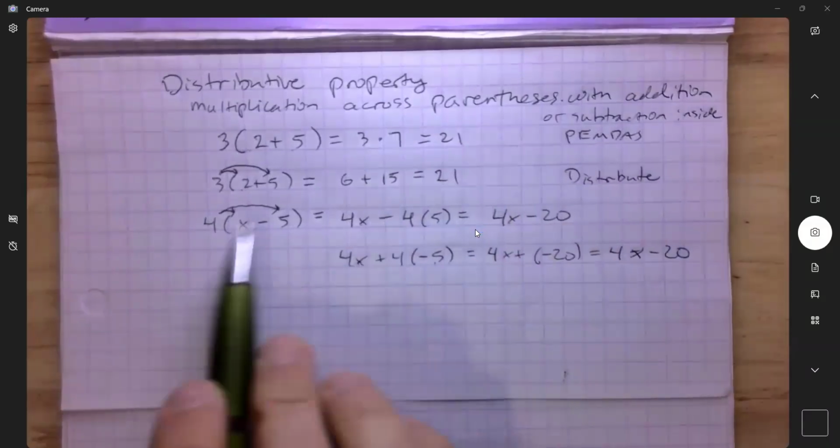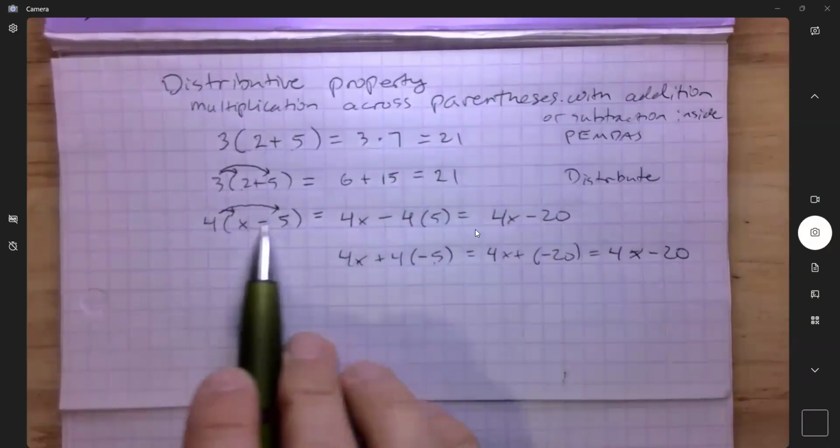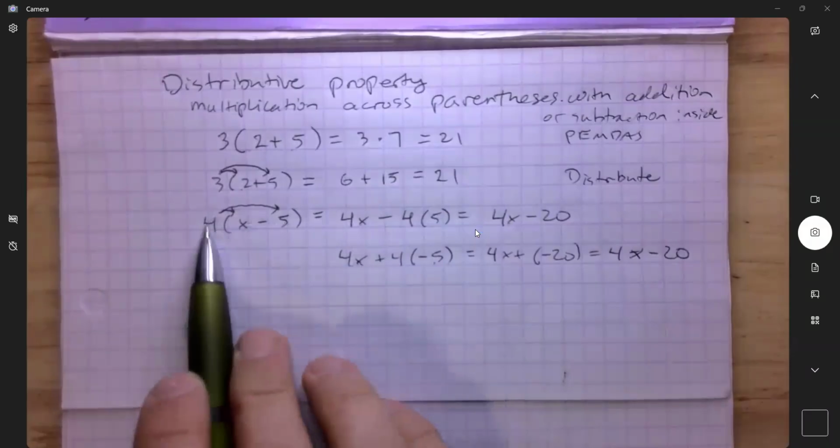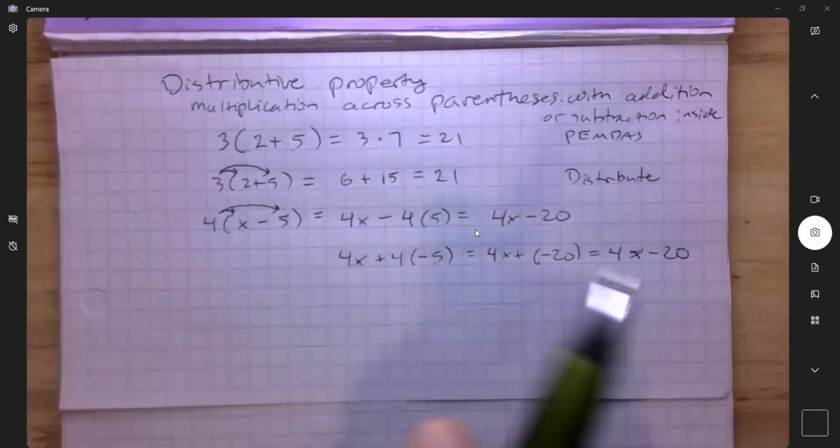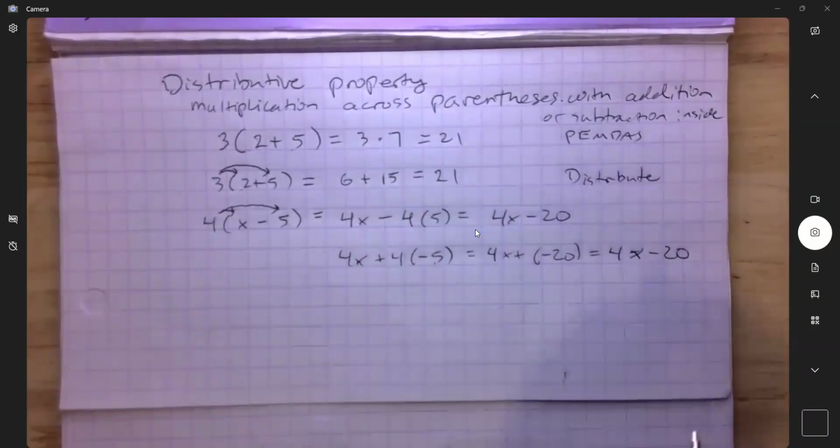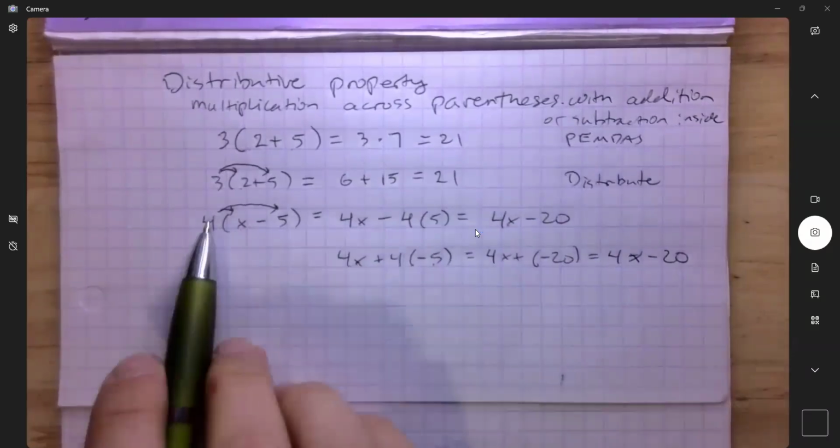And that's technically the right way to do it. But most of the time, when I see a positive number times something subtracted, I'm going to do 4x minus that number. This is one of the tricky places.